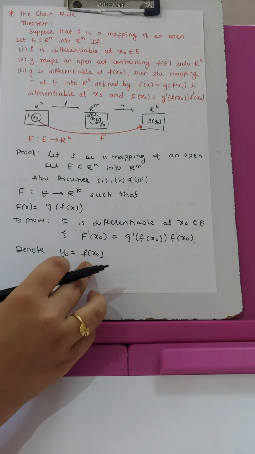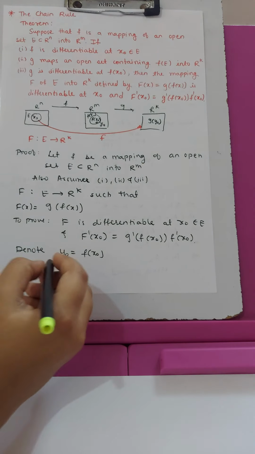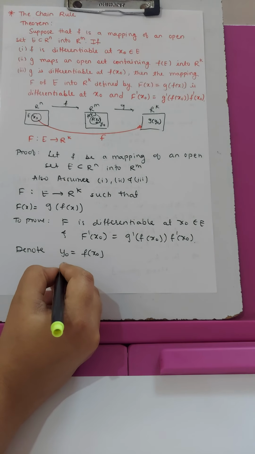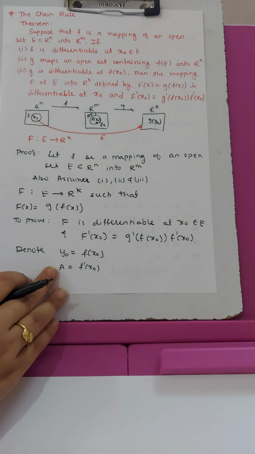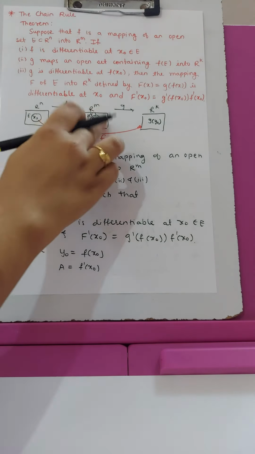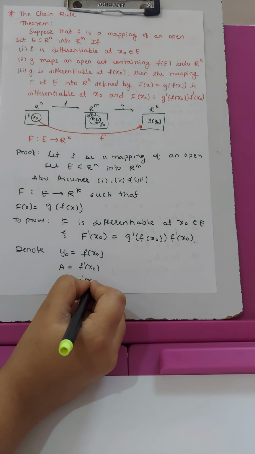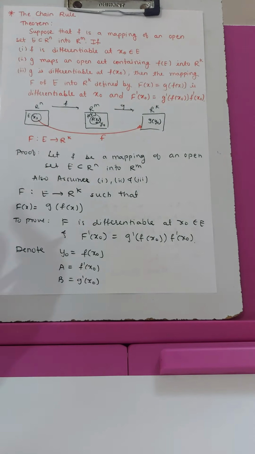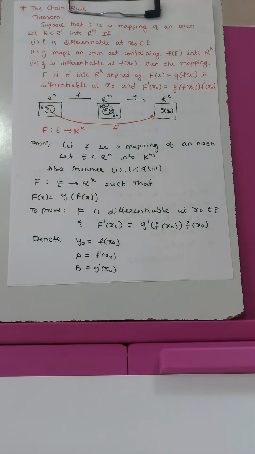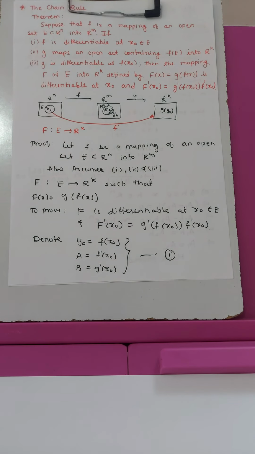So y0 is equal to f of x0, and since f and g both are differentiable, by the definition of differentiable, A is equal to f dash of x0, where A is a linear transformation from Rn to Rm, and B is equal to g dash of y0, where B is a linear transformation from Rm to Rk. Let this all be number 1.